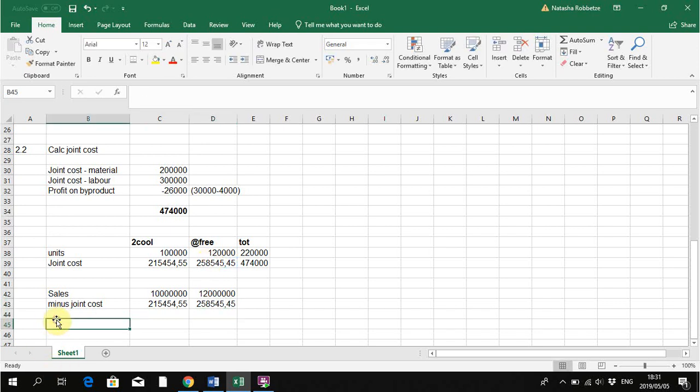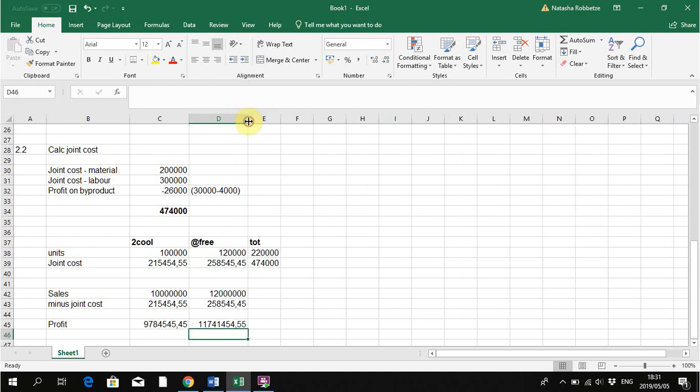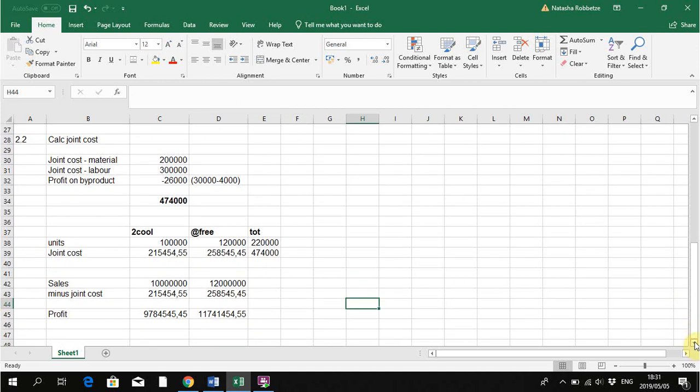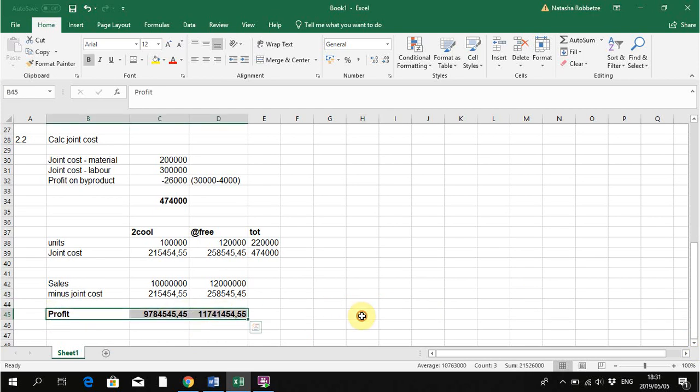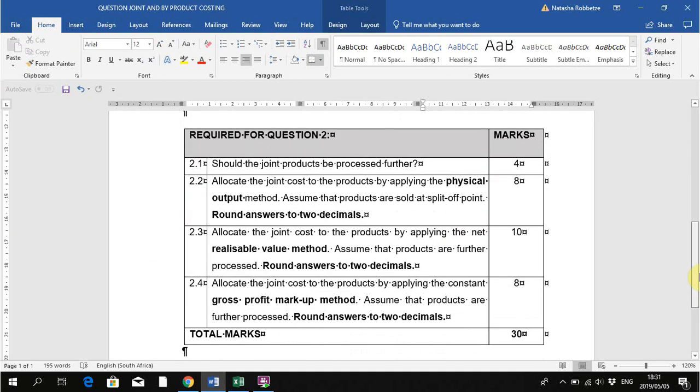So there I will now just calculate my profit, and the profit will simply be my sales minus the joint cost. Right. So if they were to ask you to calculate the profit, you would do it in this manner. So in calculating the sales, please just mind the instruction as to whether the products are further processed or not.